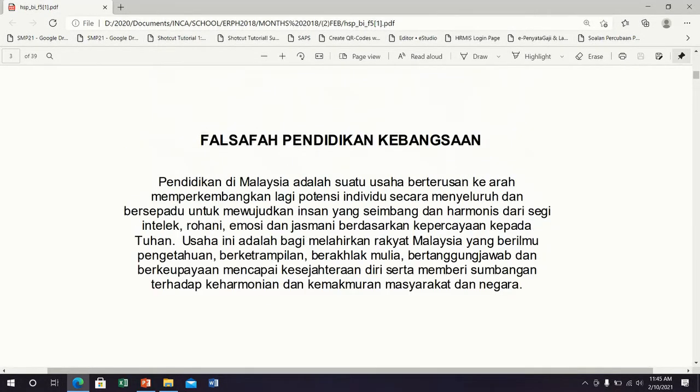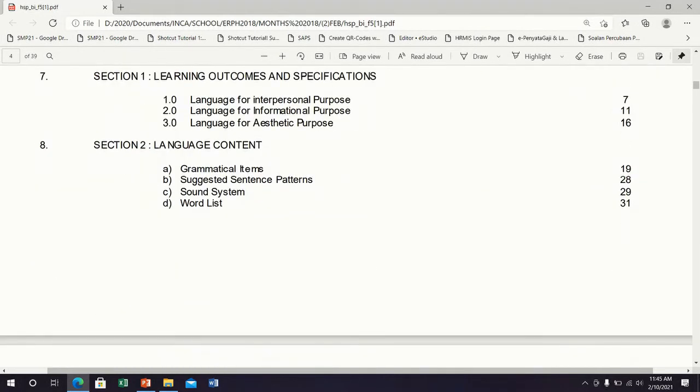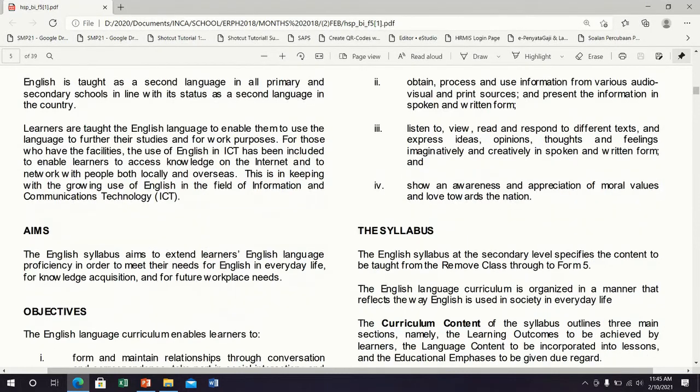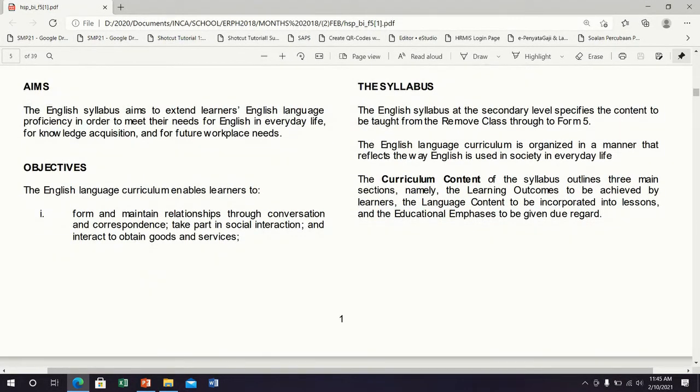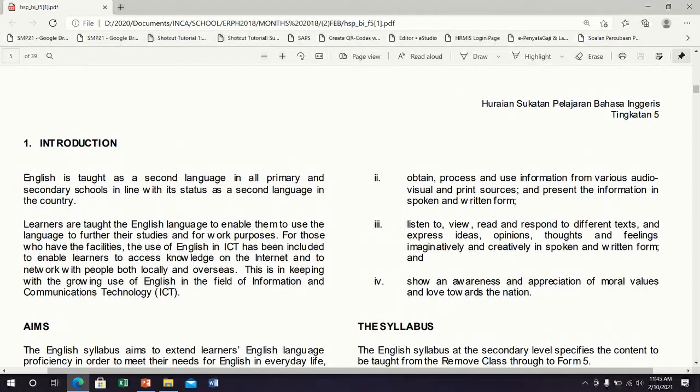So let's look at some of these introductory pages of our HSP. Let's revisit and walk down memory lane. I would like to get your attention to these objectives right here. If you go to this point, it says that the students should be exposed to or be familiar with various audiovisual and print sources, and they are expected to be able to present the information in written form.